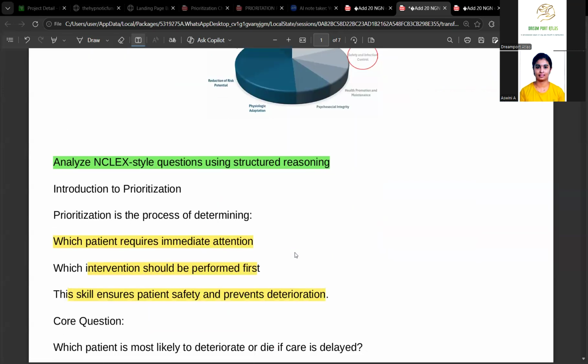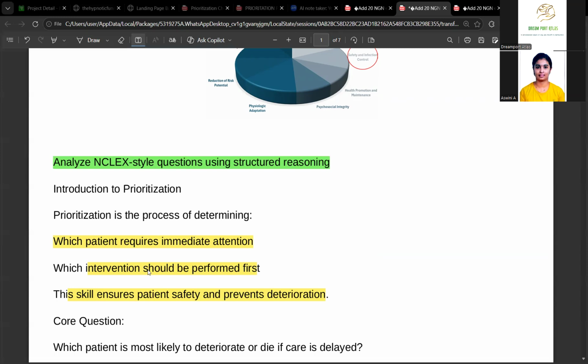Usually, how can we determine the prioritization? By reading the scenario. As I have already said, by reading the scenario we can look at whether the client needs any immediate attention. If there is any worsening symptom, we can understand that. And if you notice, for example, that the client is having hypoxia, that means when we assess the vital signs, you notice the oxygen saturation is only 88 percent.